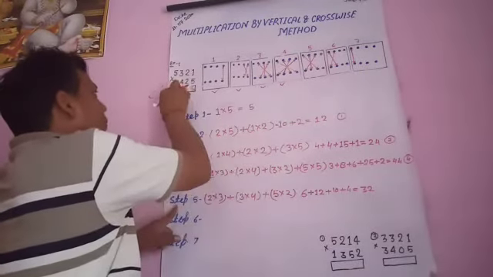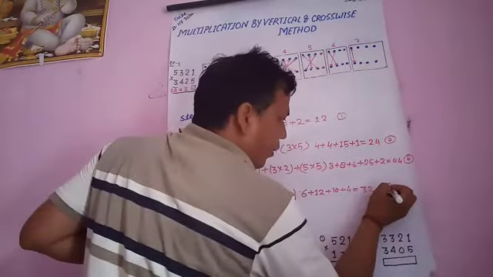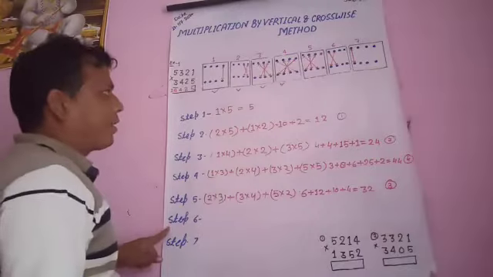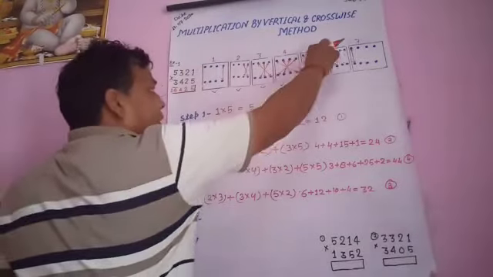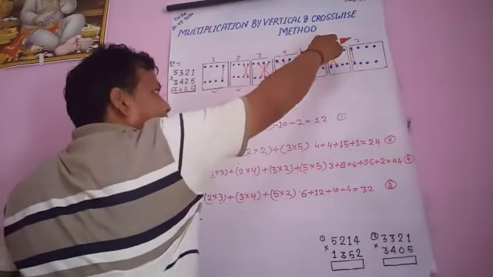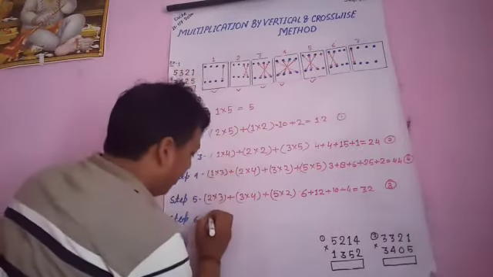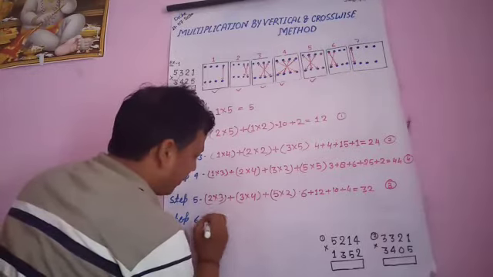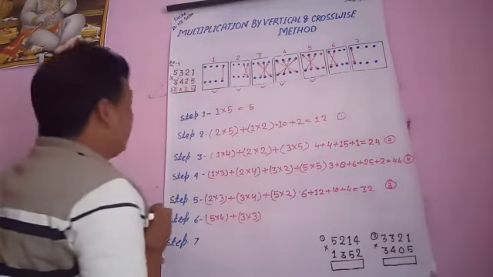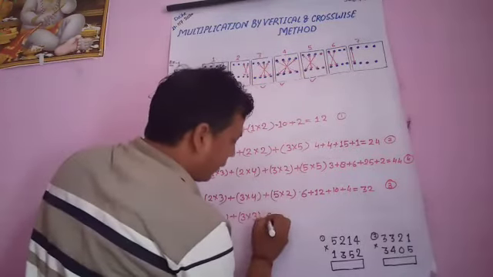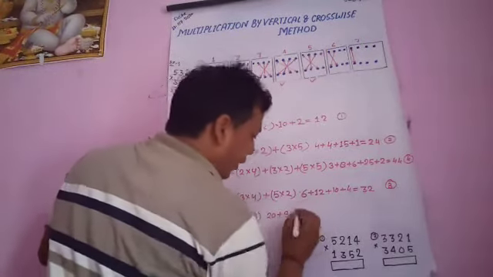32, write 2 and carry 3. Step number 6, the last 2 digits are multiplied crosswise. 5 into 4 plus 3 into 3. 5 fours are 20 plus 3 threes are 9 plus carry 3.